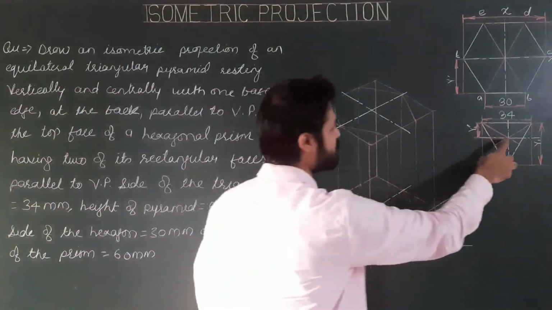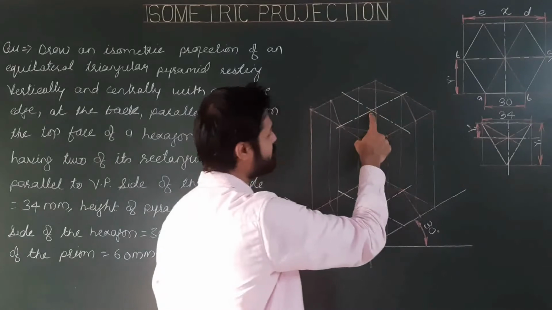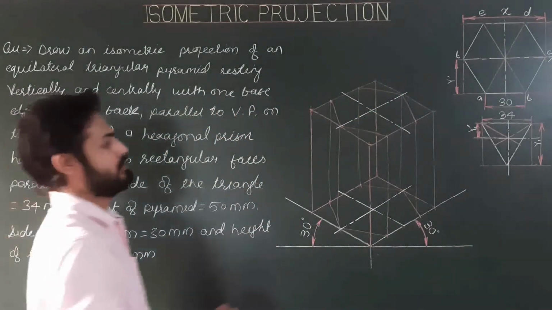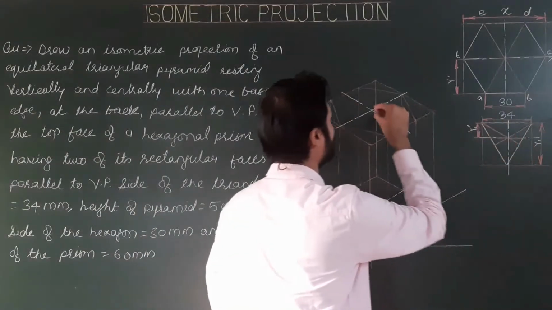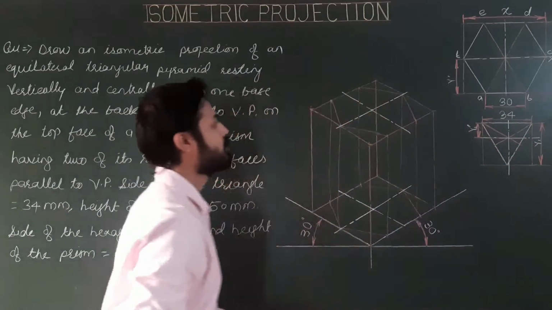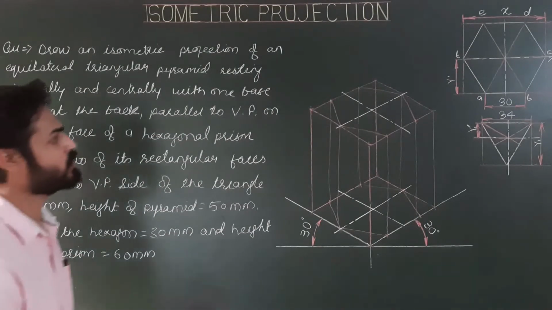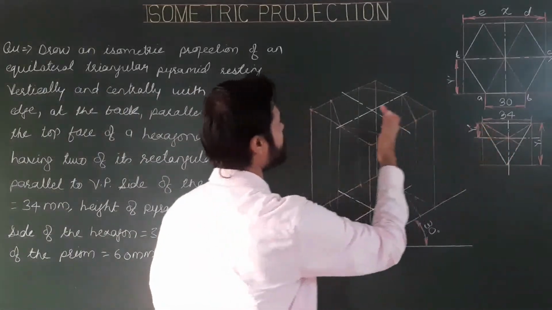It means the center of triangle and center of hexagon both are the same point, or both points are going to cover each other, or both are concentric. Both figures are concentric, first center and second center.